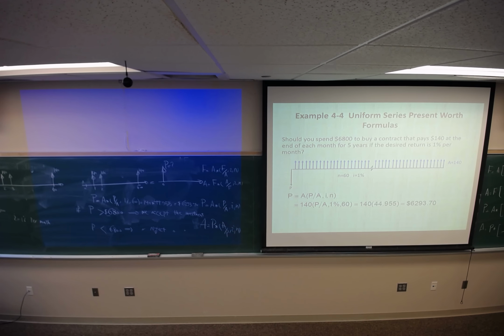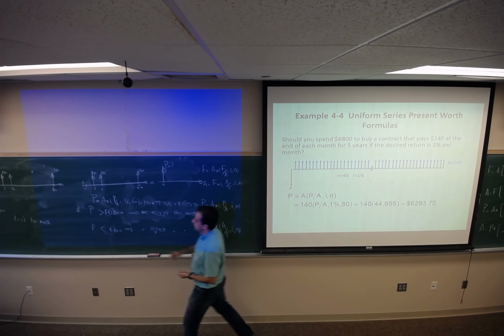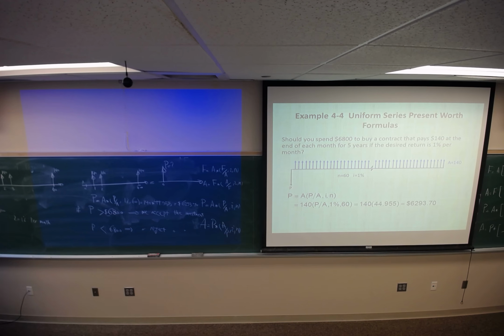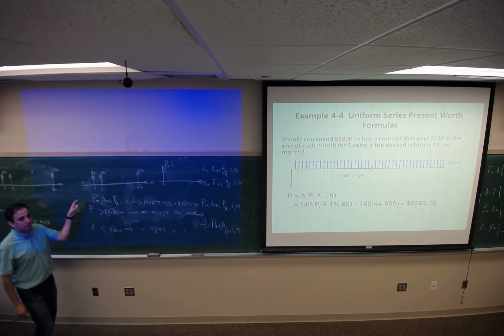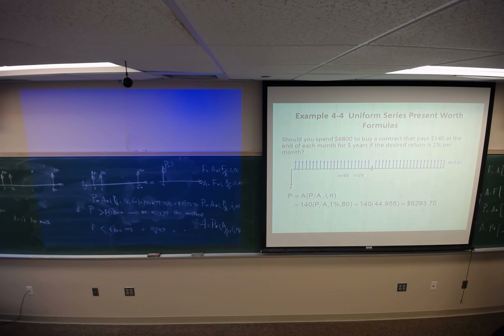But you are gonna pay for this benefit $6,800, which means you shouldn't accept this investment project. Make sense? Any question about this? Make sure that you know the steps and the logic behind this problem, because we are going to go to the advanced example and I'm going to ask you to work on it.